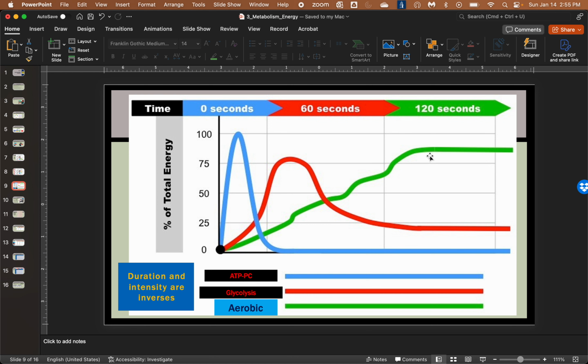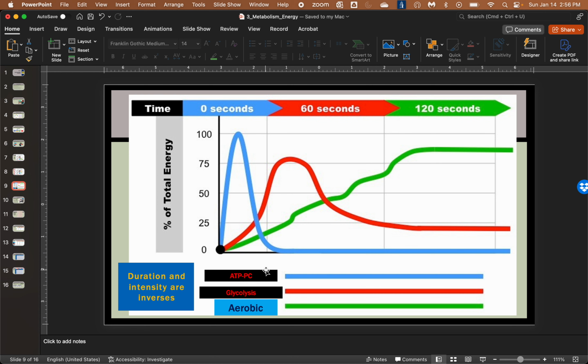So the anaerobic, which is marked in the black and red here, the anaerobic systems are generally for higher intensity exercise. And when you're doing higher intensity exercise, you can't go for as long. The aerobic on the other end of the spectrum is for longer exercise, right? So you can go for longer periods of time because your intensity is lower. So it's important to keep that in mind. Duration and intensity are inverses of one another.